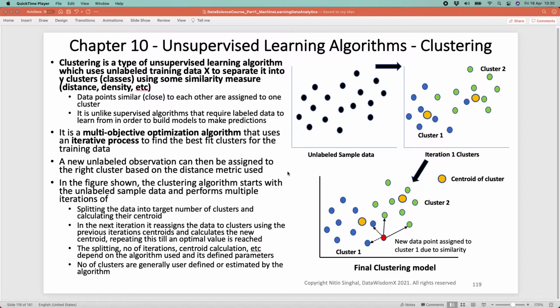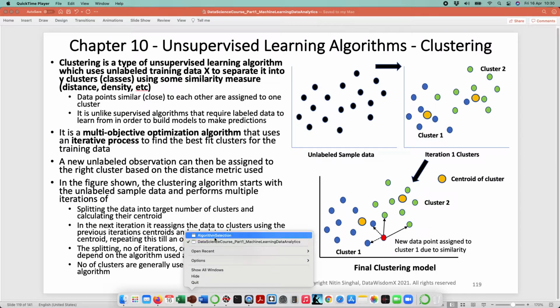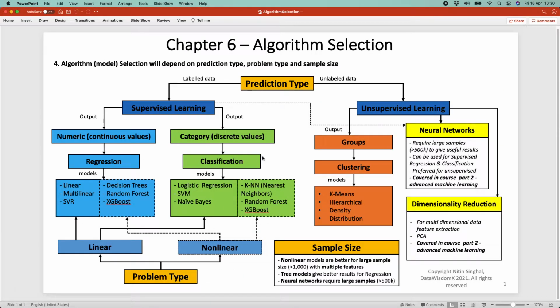Let's just go back to the data science process slide on the algorithm selection again, just to refresh your memory. You can always go back to that entire lecture and read it again to understand all the basics about the process. So if you remember, when we were trying to select the right algorithm for your problem, we said that it depends on three parts: the prediction type, the problem type, and the sample size. Now here we are splitting the prediction types based on the labeled or unlabeled data.